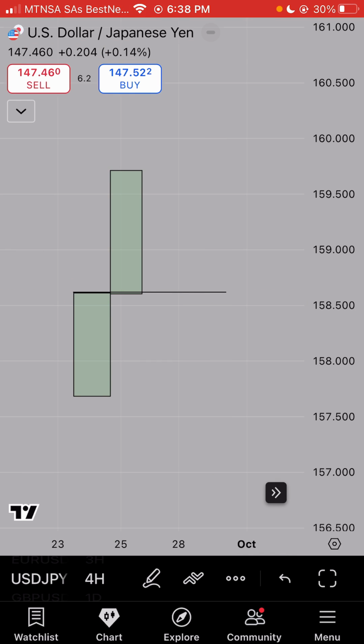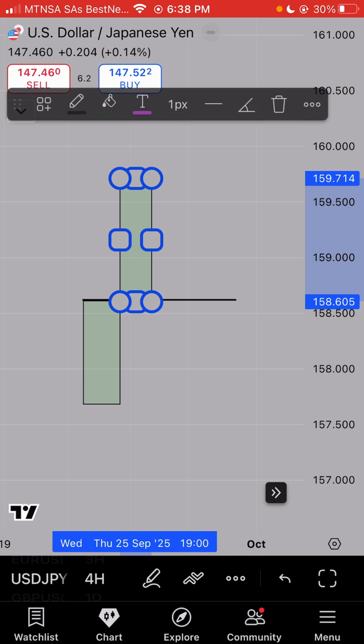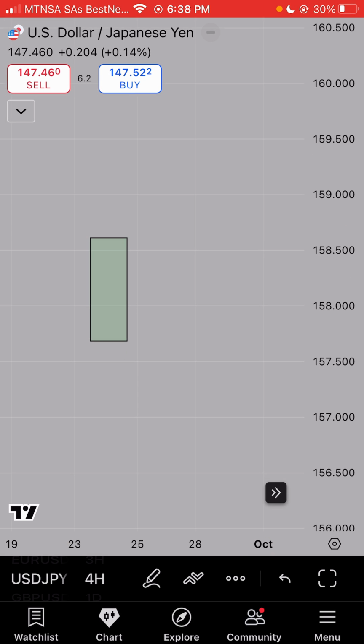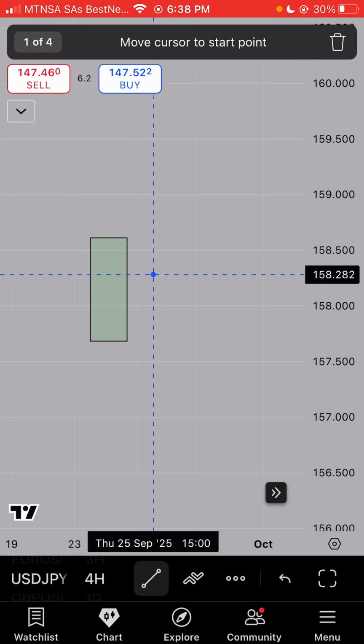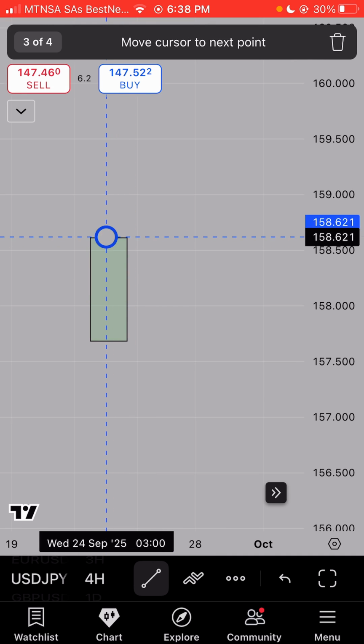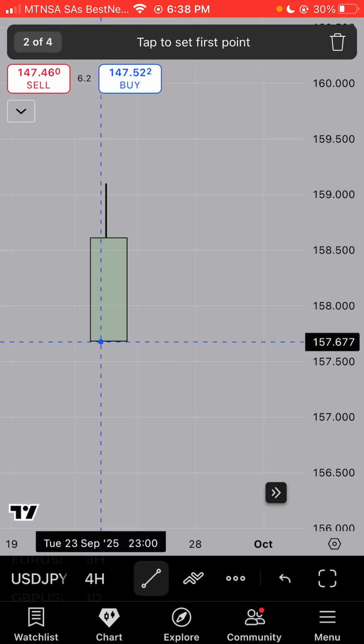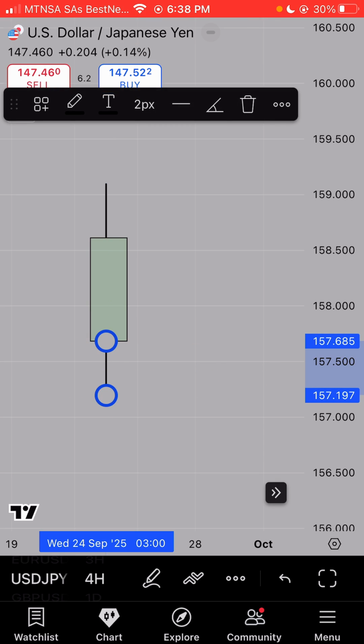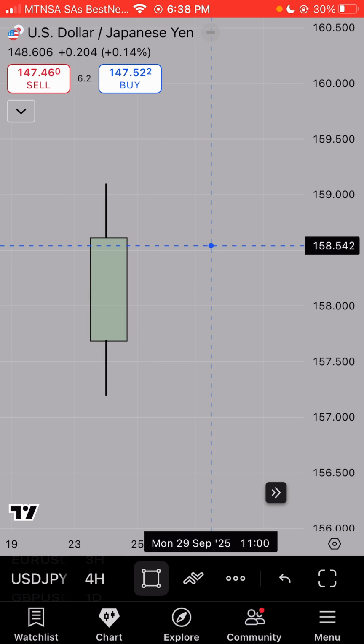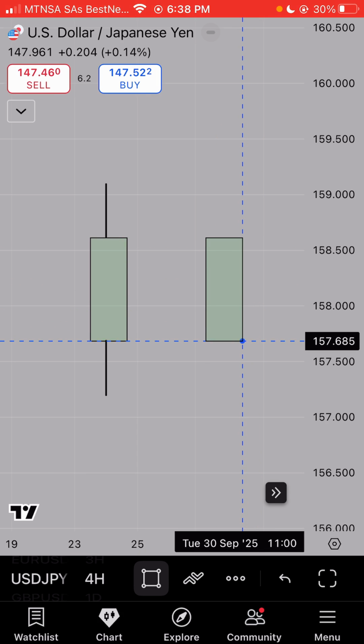Now you must know this and take note of this. A bullish candle looks like this, and a bearish candle like this.